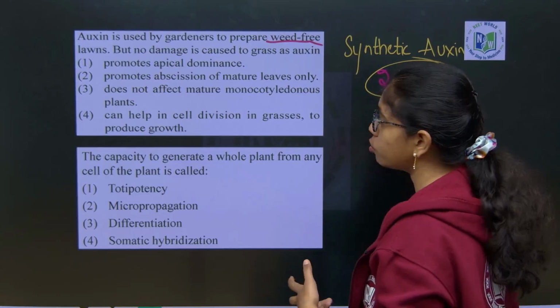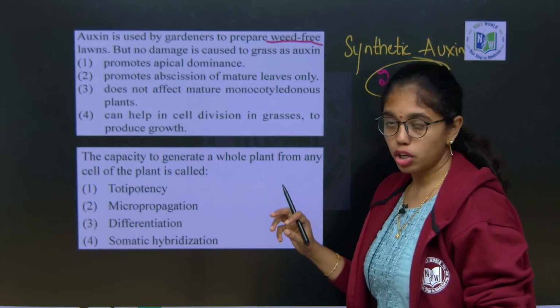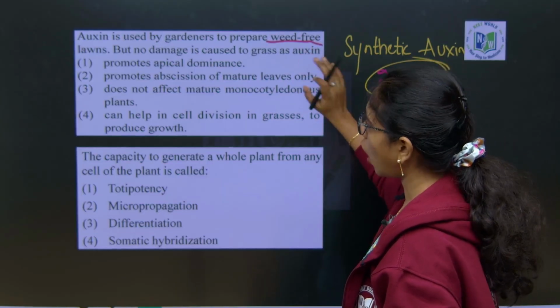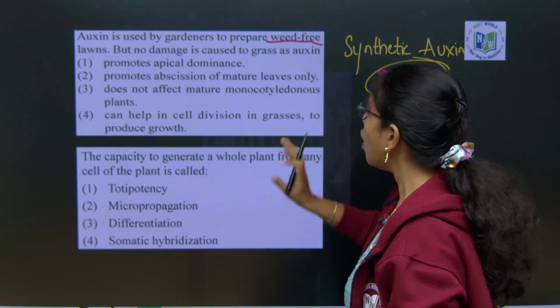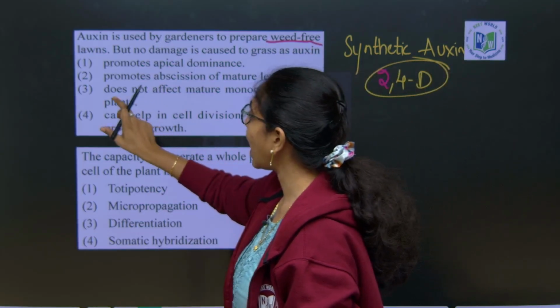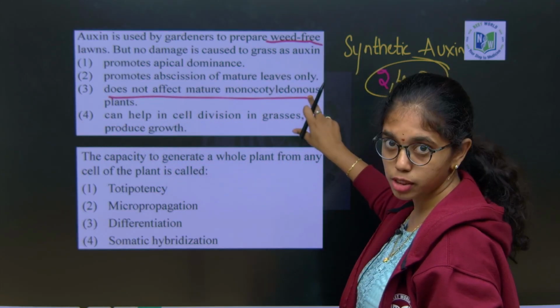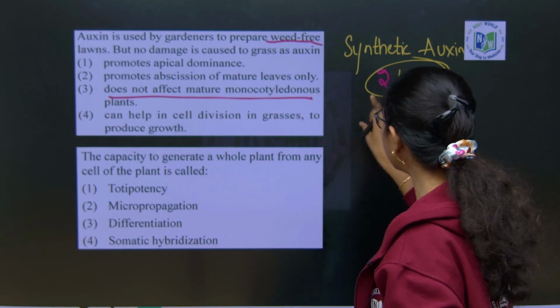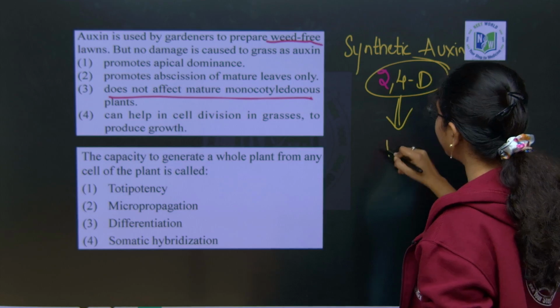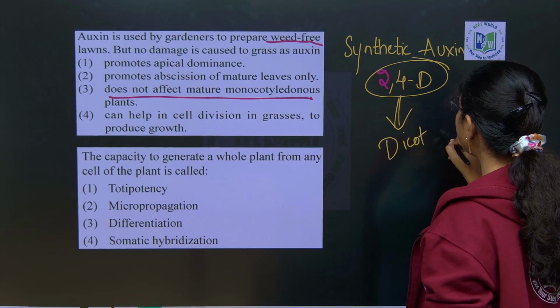This auxin is not damaging monocotyledonous plants. As it doesn't affect monocotyledonous plants, we are using that, and this causes major effect to dicotyledonous weeds.